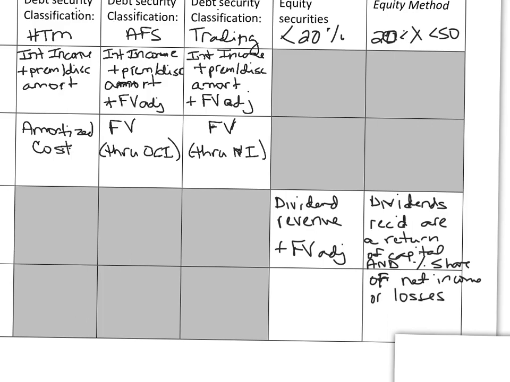Okay, so with the equity method, we're going to have to keep track of dividends as return of capital, and we're going to keep track of our percentage share of the net income and losses. So we remember this is reporting at the equity method balance, and this is reported at fair value with the changes going through net income.